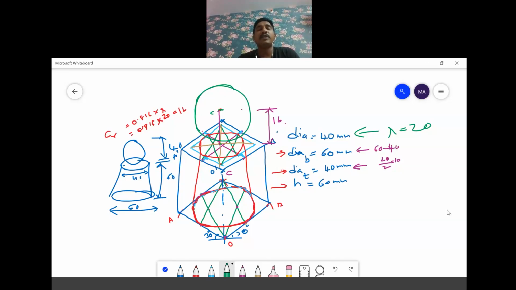From the center, I am taking the radius as 20 mm and drawing one circle, which forms the sphere. This is the construction of a combination of solids, where the sphere is resting on a frustum of a cone of base diameter 60 mm, top diameter 40 mm and height 60 mm. Is it clear?